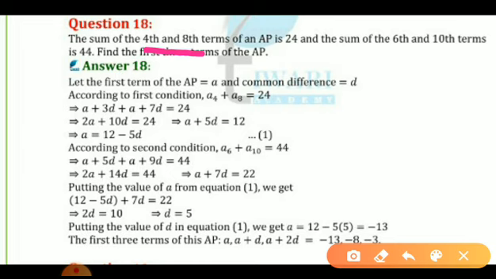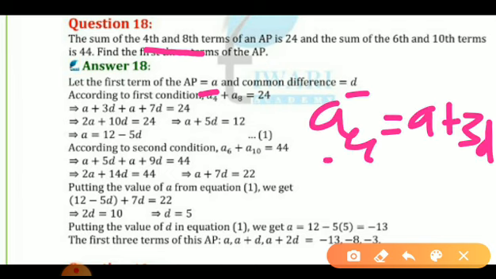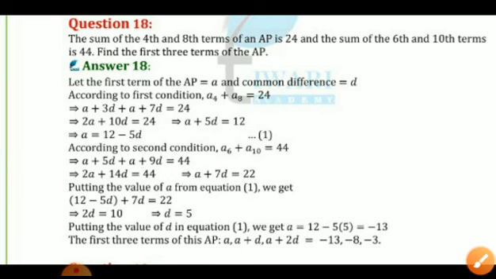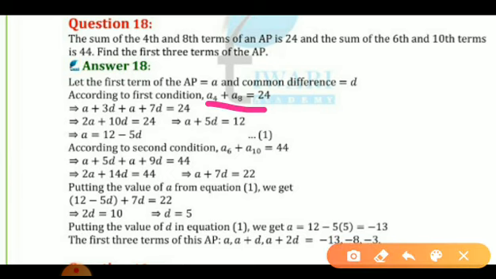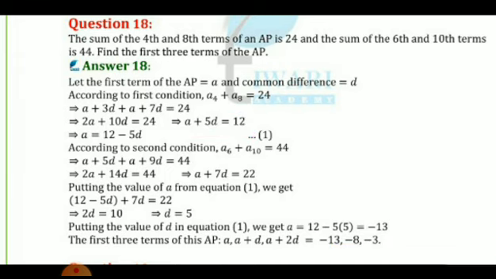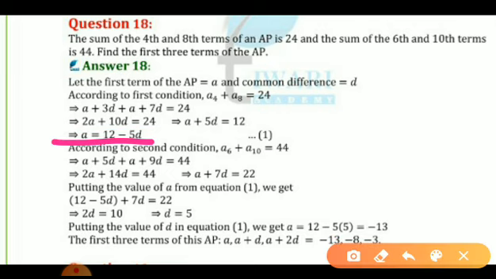That means if the first term I'm taking as A and the common difference as D, my fourth term A4 will be A plus 3D, and A8 will be A plus 7D. Sum is given to be 24. So A4 plus A8 is given to be 24? Yes. So just substitute and find the relation between A and D. You'll get A plus 5D will be equal to 12. That means I can have the value of A as 12 minus 5D.